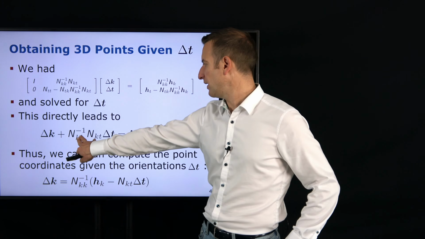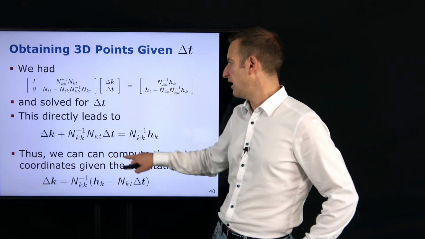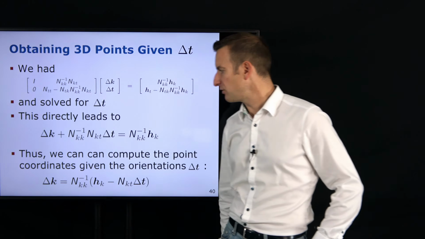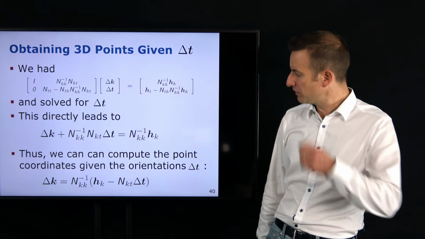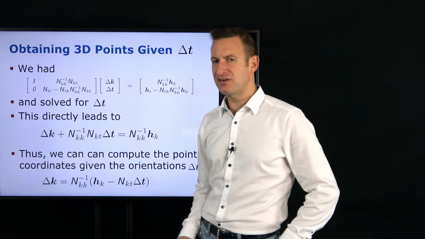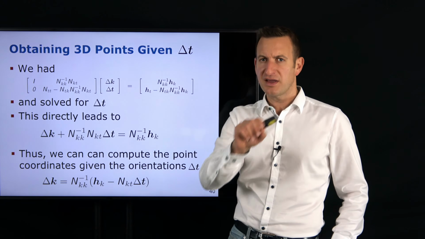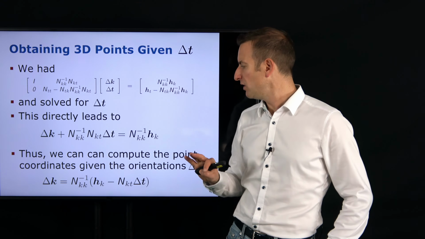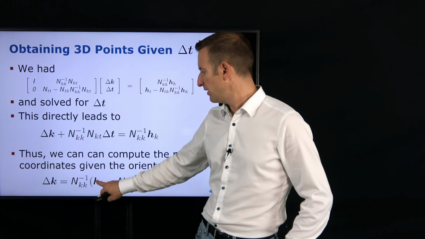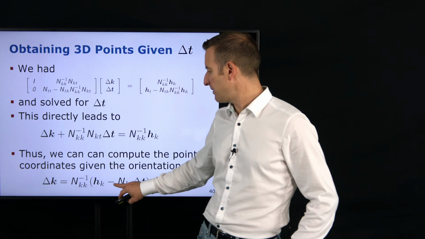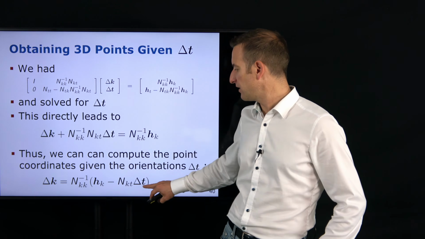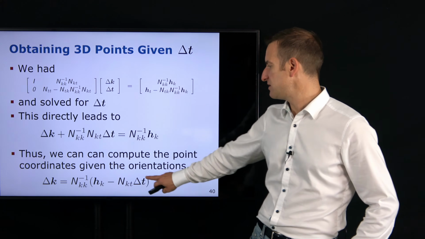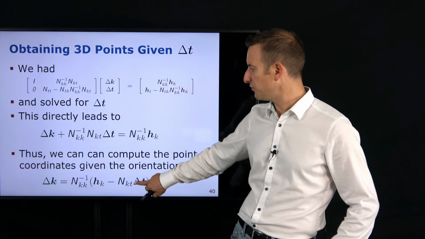Okay? So what I then do, I kind of move this to the other side, so that the resulting equation returns into delta k. So my point coordinates are the inverse of this matrix KK. And again, this is the block diagonal matrix, which is already computed. So there's no extra effort in here. And this is the hk block minus NKT times delta t. And this is kind of the known parameter that I solved before.